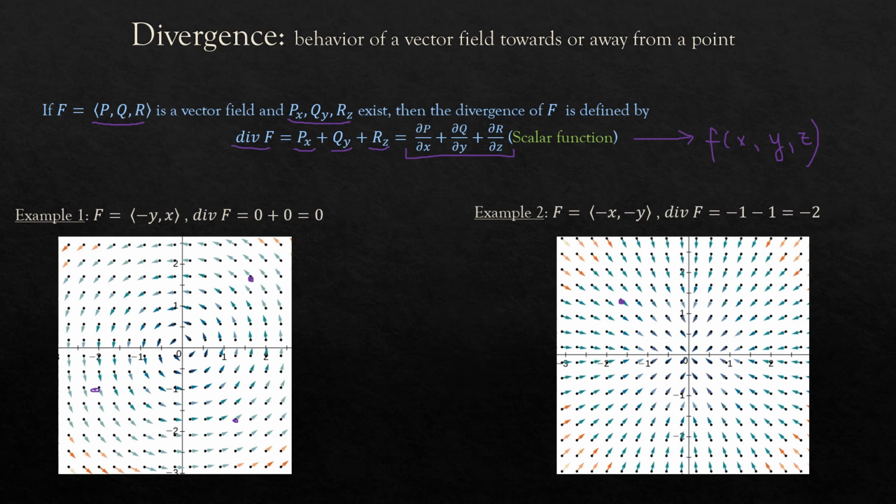You can pick any other point and see visually that that's what's happening. So it makes sense that for this vector field, the divergence would be negative. In this video, we will discuss divergence of vector fields in R3, but I just used these examples to demonstrate this behavior of a vector field away or towards a point.